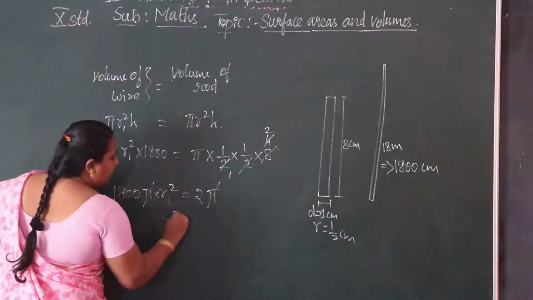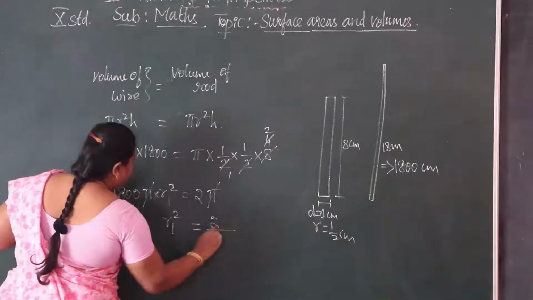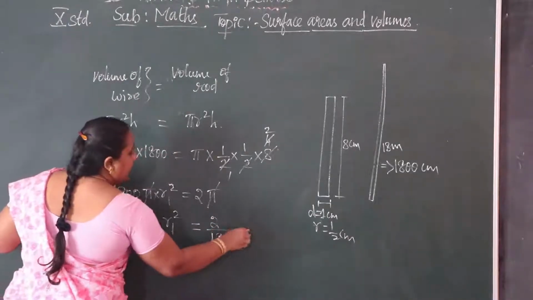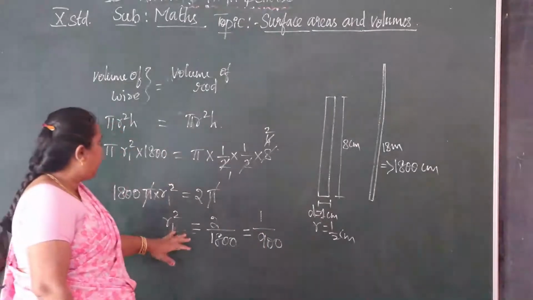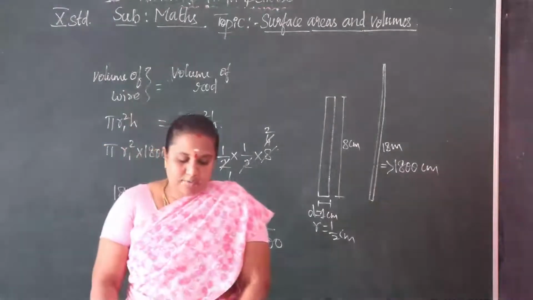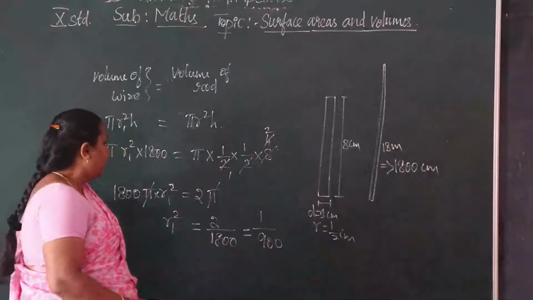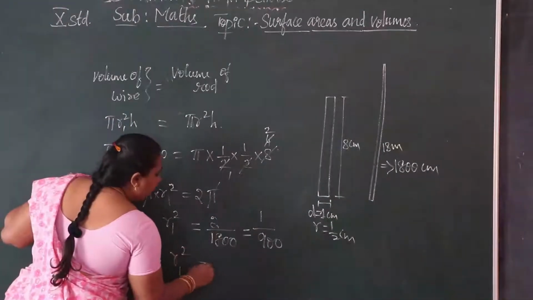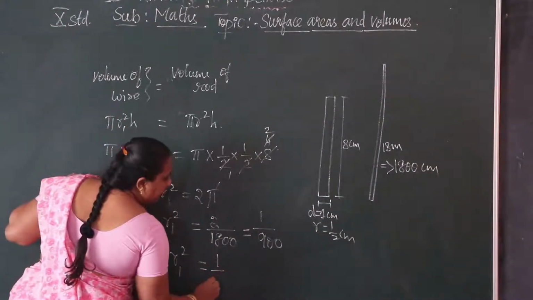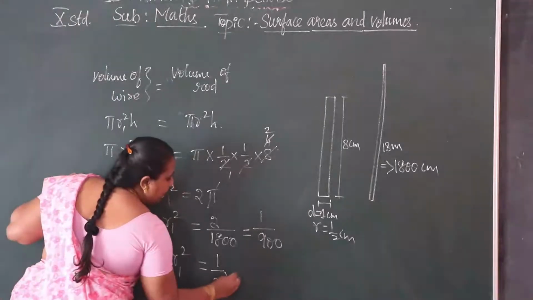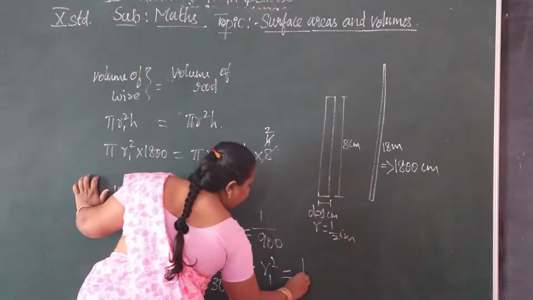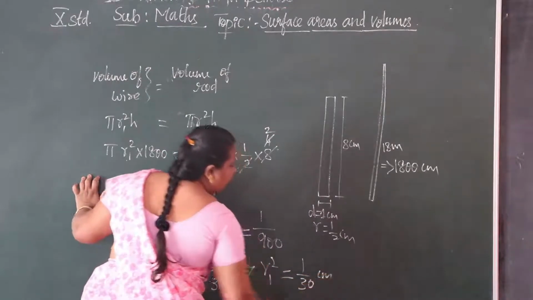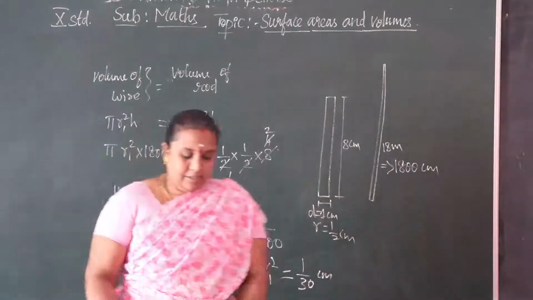Now r1 square equals 2 by 1800, that is 1 by 900. This 1 by 900 can be written as 1 by 30 square. So r1 equals 1 by 30 centimeter.